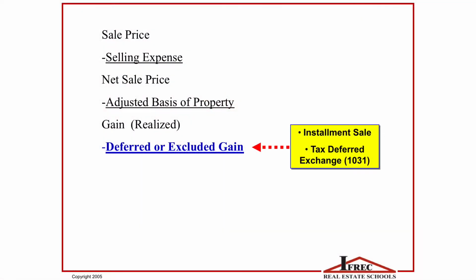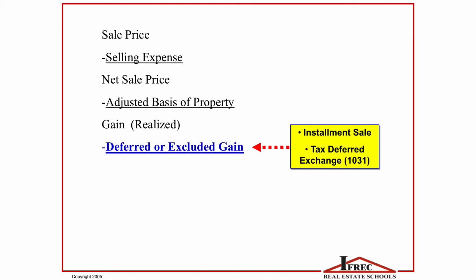That gain then has another opportunity for you to either delay or defer taxation. It's either a deferred or an excluded gain. Those come in two components, either from an installment sale, where the seller essentially is financing the property and not getting the full sales price in the year of sale, or something called a tax-deferred exchange.